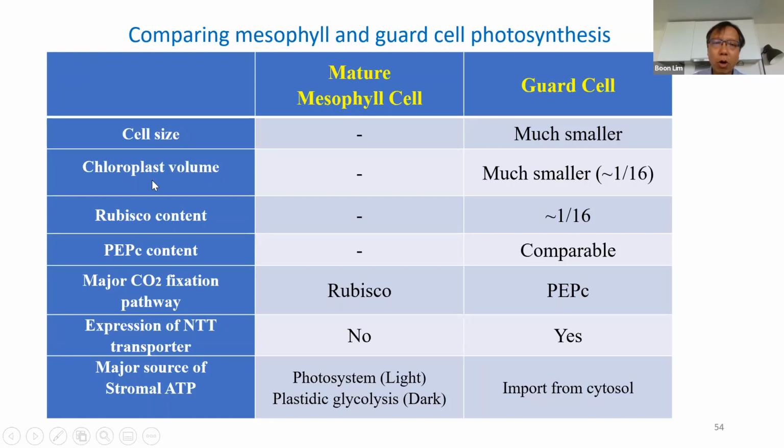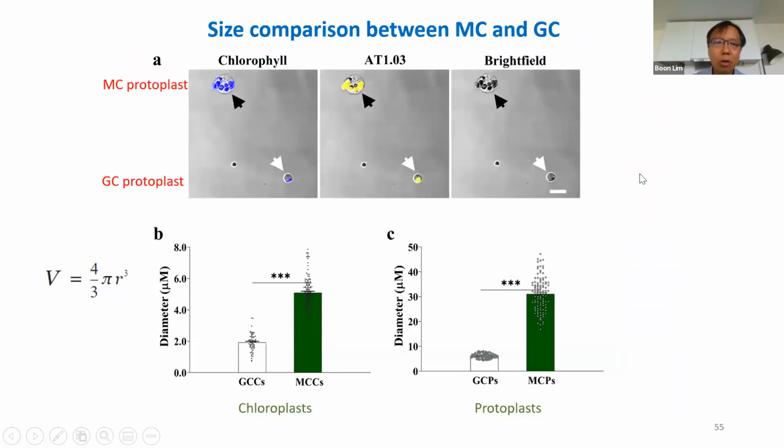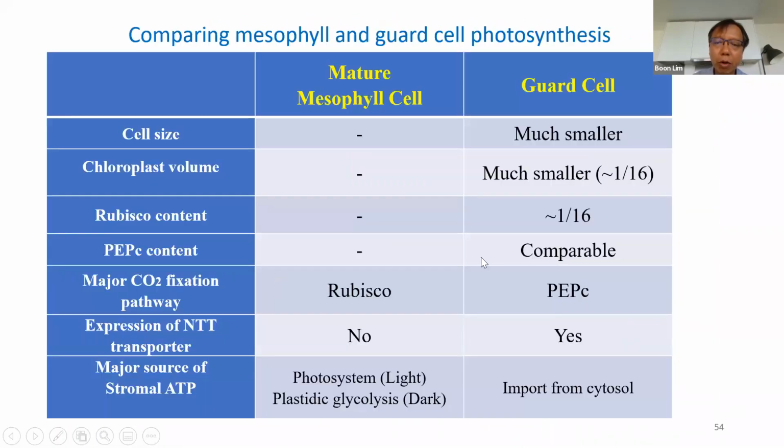Its chloroplast volume is only 1 out of 16. You can see this is a mesophyll protoplast, and this is a guard cell protoplast, which is much smaller. The guard cell chloroplast diameter is about 2 microns, and the mesophyll chloroplast is about 5. If we calculate the volume, this is about 1 out of 16.